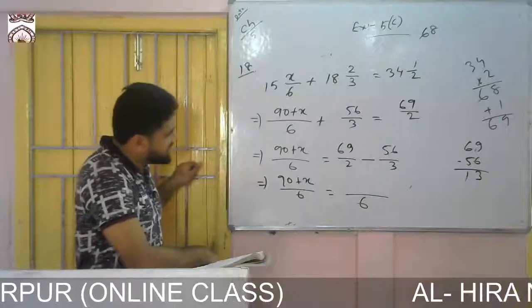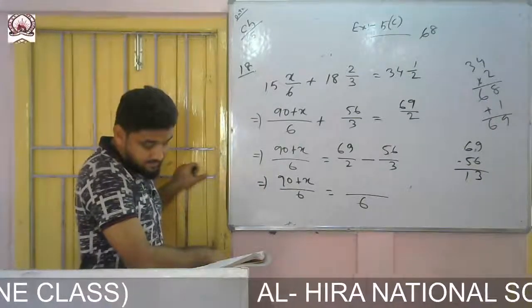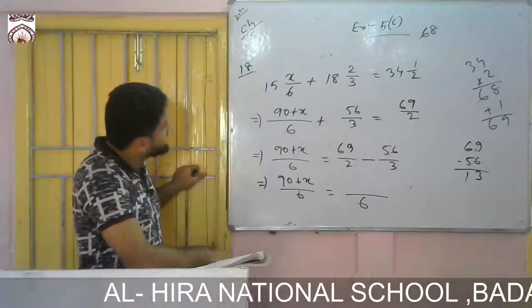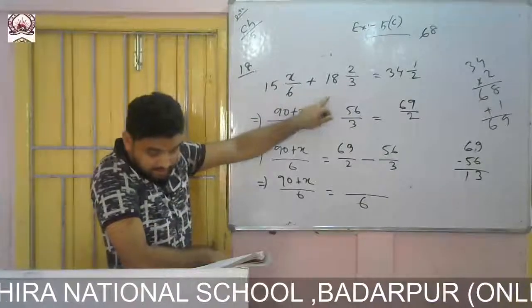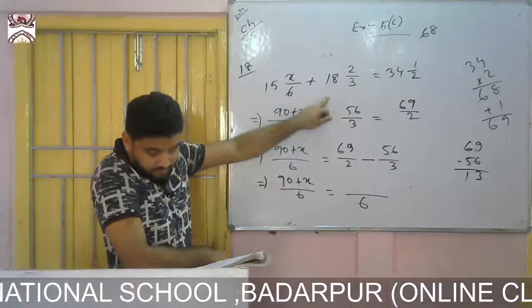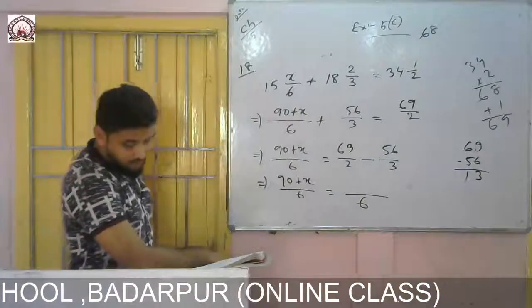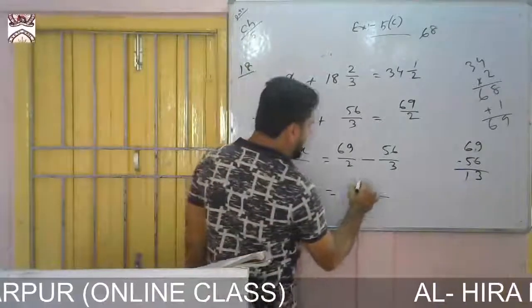Is that wrong actually? Fifteen x by 6 plus 18 2 by 3 equals to what? 34 1 by 2. So it is here what coming? 13.